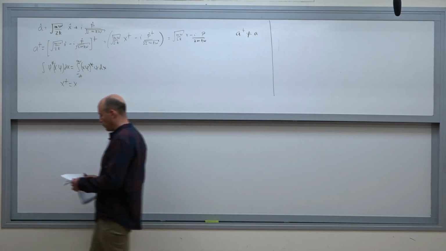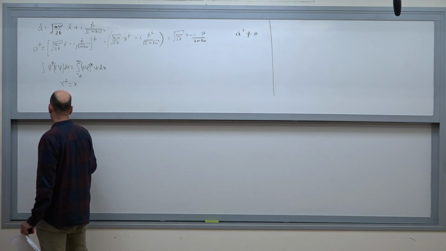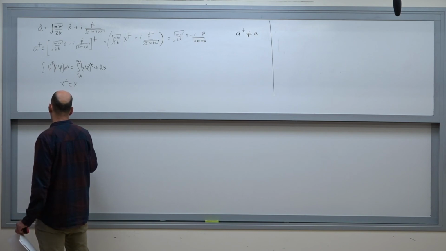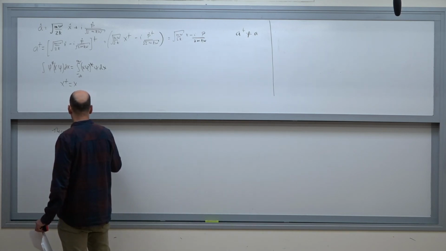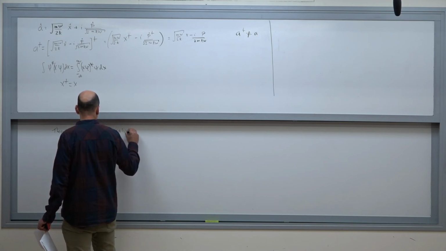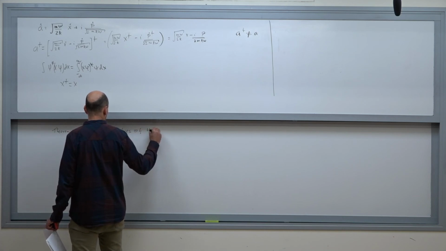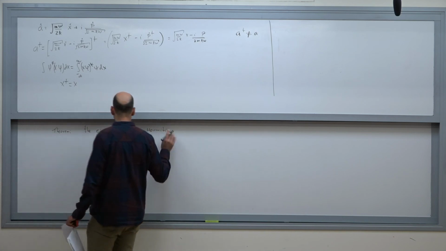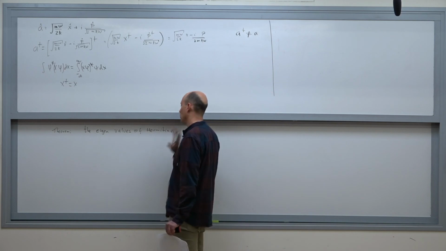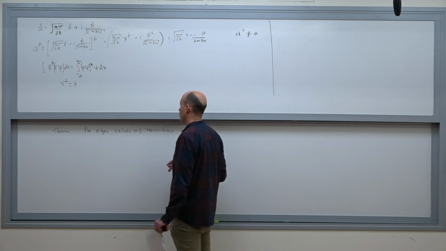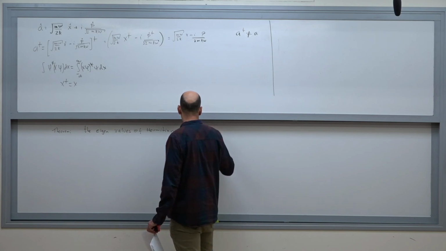So a property of Hermitian operators is that, and this is a theorem, the eigenvalues of Hermitian operators, doesn't matter if this is a matrix, then you have an eigenvalue, or this is something like a derivative, like P, whatever this operator is, and this is the important stuff, are real.